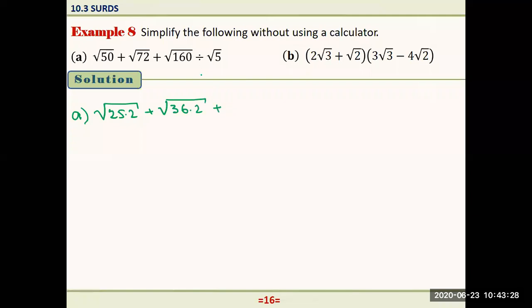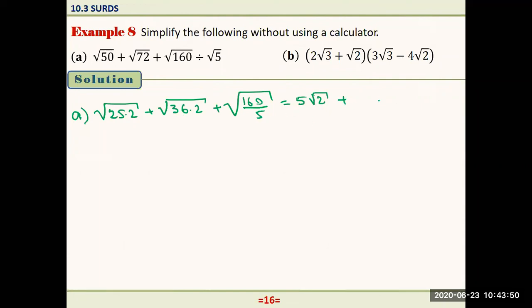Plus, here I can write it under a single square root, 160 over 5, which is equal to, here we have 5 squared, right? I can take this out, that's equal to 5 square root of 2, because square root of 5 squared is equal to 5.